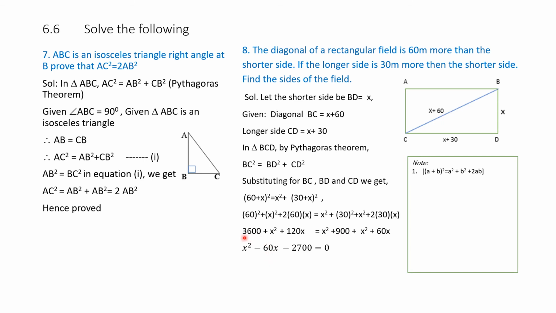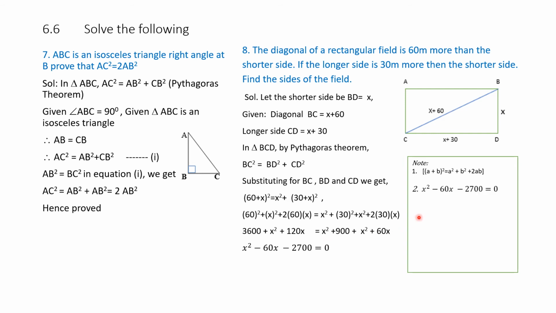Similarly, if you take 3600 to the right hand side, it becomes minus 3600 plus 900, which becomes minus 2700. Therefore, the equation when simplified becomes x square minus 60x minus 2700. This is a quadratic equation, we have to solve it by factorization.